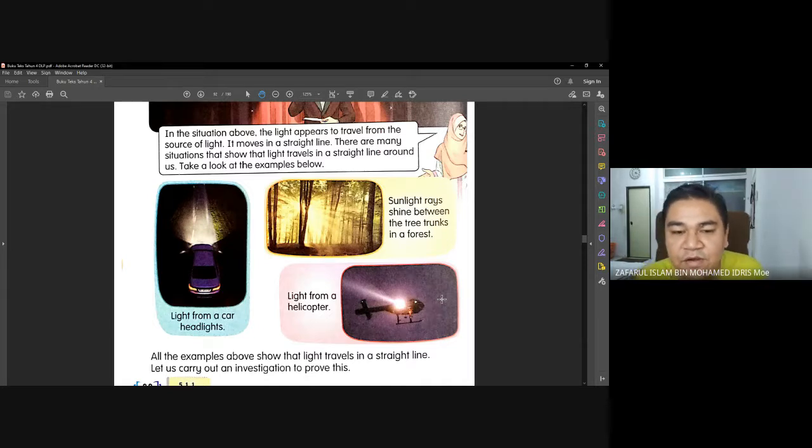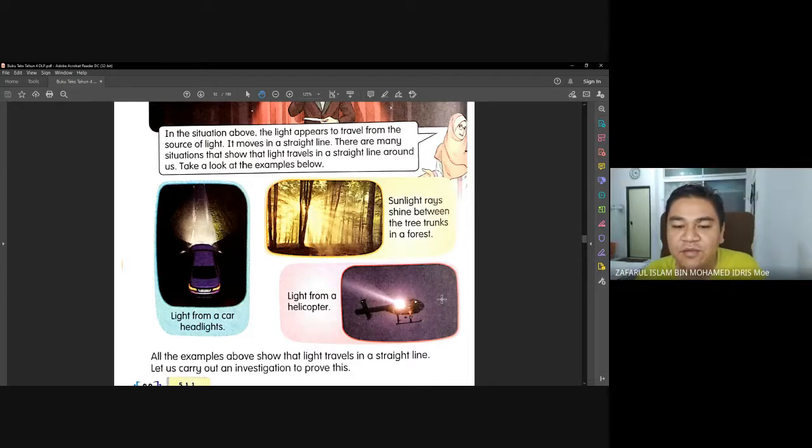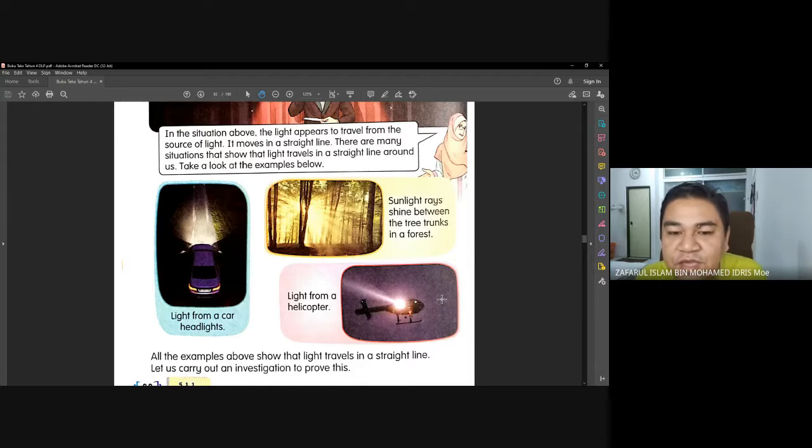Okay, satu lagi. Siapa pernah tengok filem Batman? Pernah tengok tak Batman? Okay, kalau Batman, pernah. So in that movie, when some emergency happens, the police will make something to call Batman.